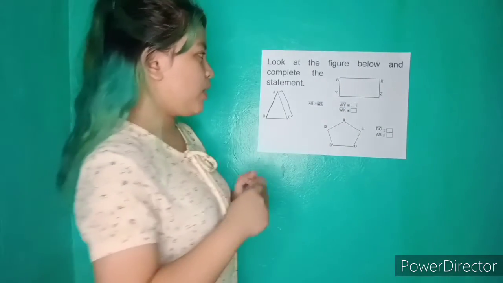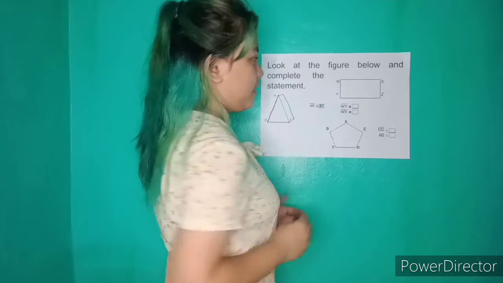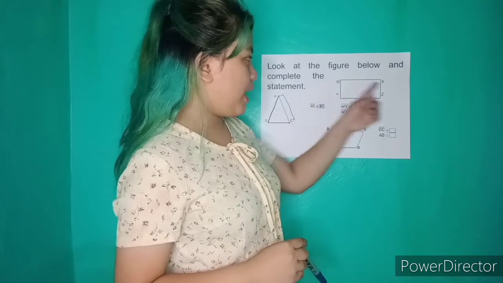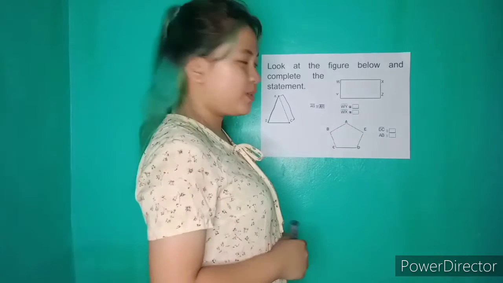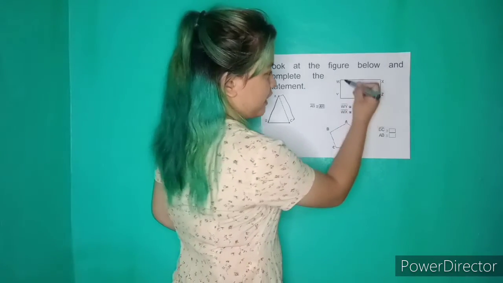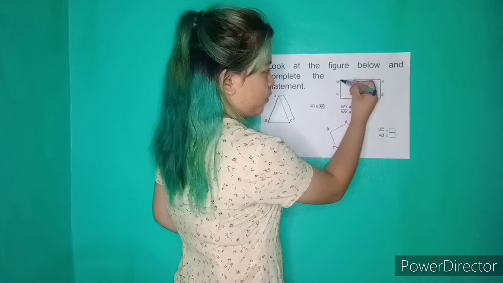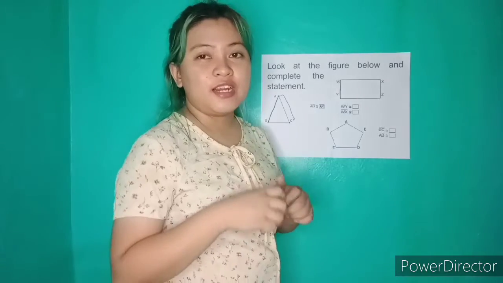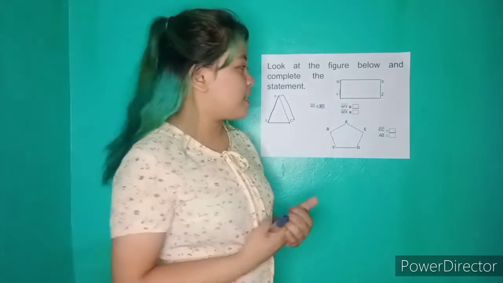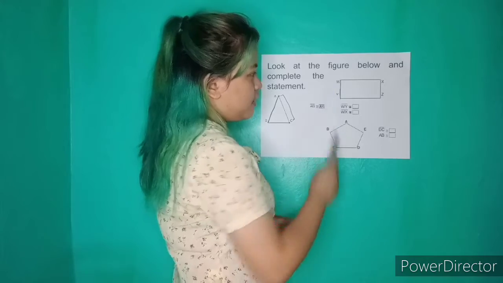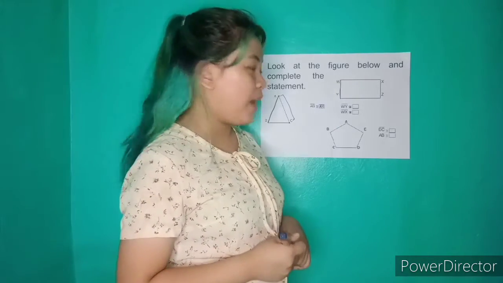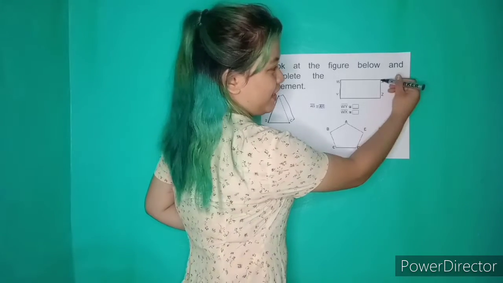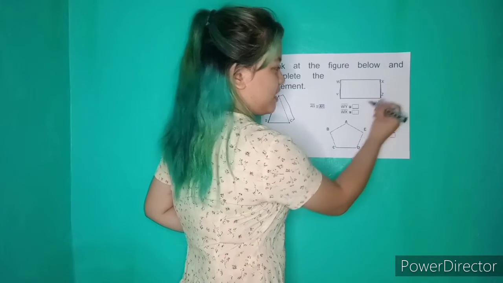Okay, next one, we have this rectangle. So we have W, X, Y, Z. So this is line segment WY. So what is the other letter that has the same length as WY? Okay, we have here XZ.